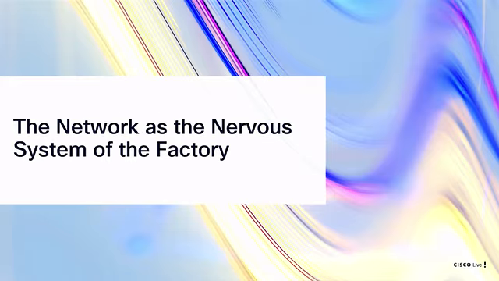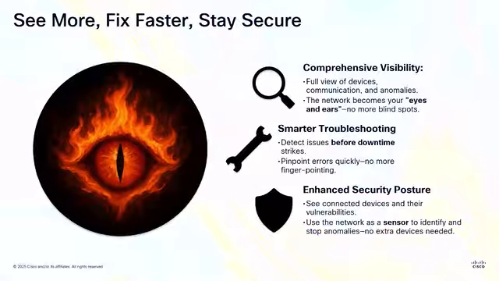So I know you are deploying these dual fabrics for the OT traffic, but what will be the key thing that will really make you successful with this implementation? One of the key things in the end is visibility into what's happening in our network, especially on the OT side.